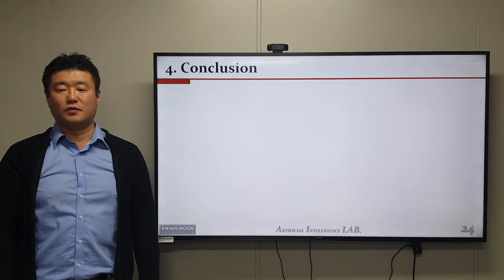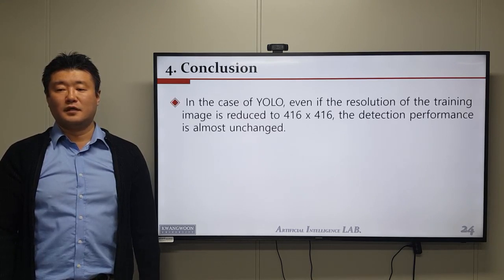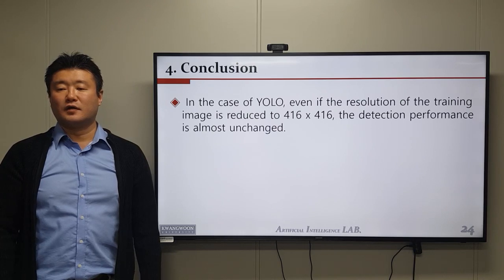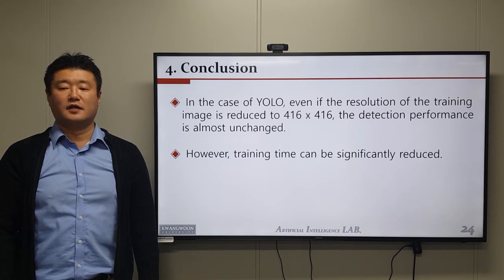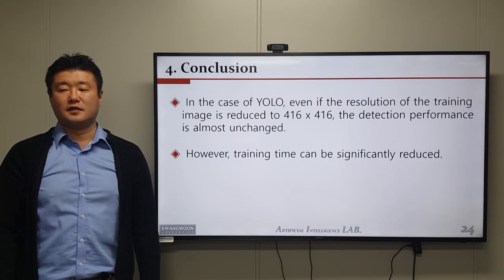In the case of YOLO, even if the resolution of the training image is reduced to 416 by 416, the detection performance is almost unchanged. However, training time can be significantly reduced.